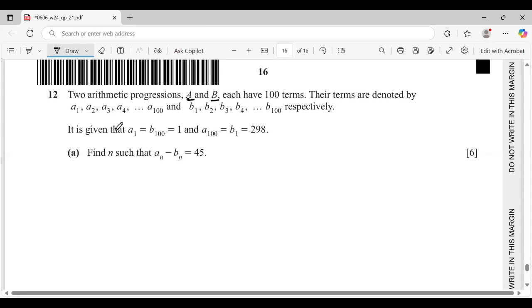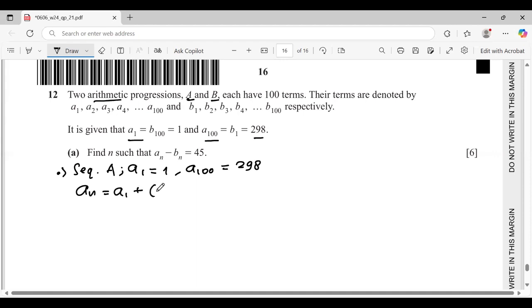First, sequence A. Given that A1 equal 1 and A100 equal 298, I'm going to use the formula for the nth term of an arithmetic progression: an equal a1 plus n minus 1 times the common difference d.